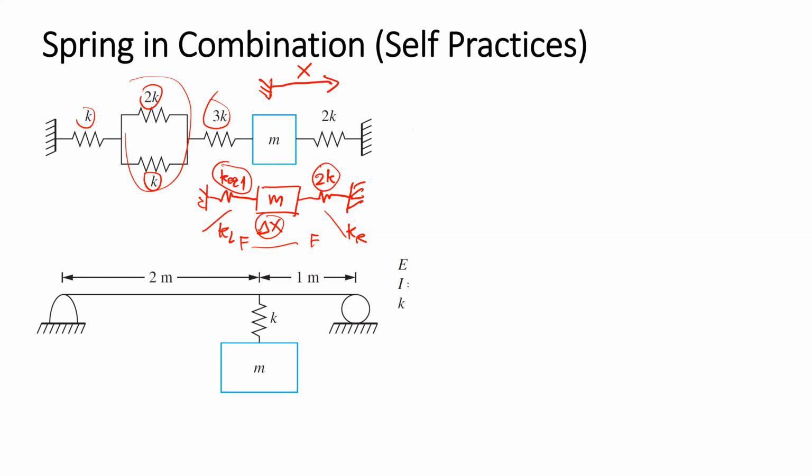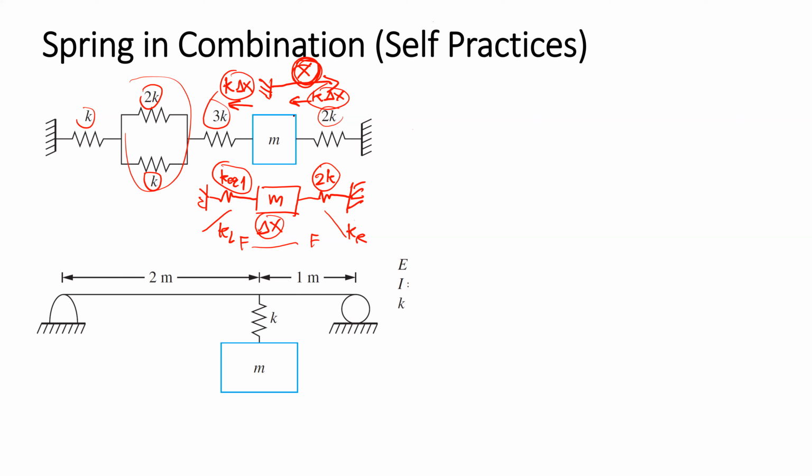In this arrangement, x is going to be positive to the right hand side, and the spring force will create the force with K delta X. If we have K to the left hand side and the spring moves to the right hand side, it will create the force to the left hand side also with K multiplied by the same delta X. But the forces don't need to be equal.